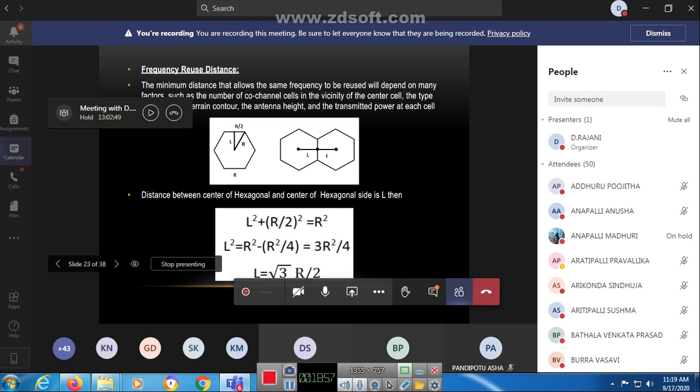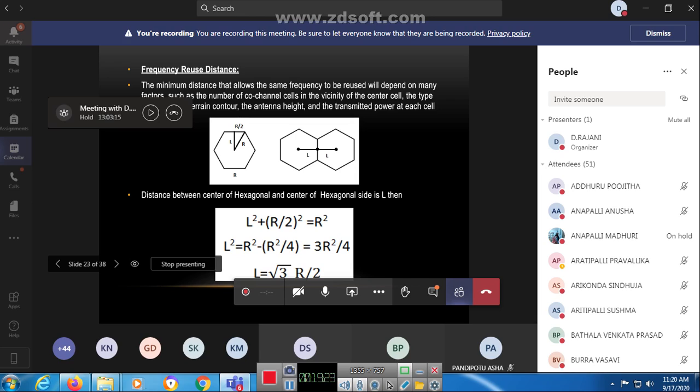From the cell center to the covering area, this distance is length L and this radius is R. So L square plus (R by 2) whole square, this distance, is equal to R square.